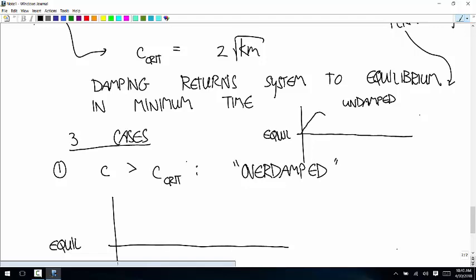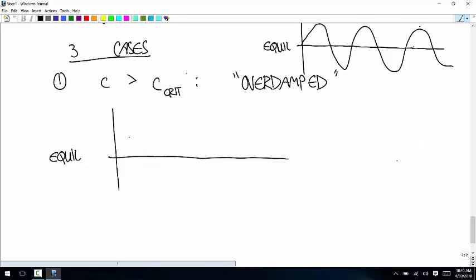An undamped system just keeps oscillating with a sinusoidal pattern. An overdamped system does this, but the damping is large, and so you can see the oscillation disappears fast, but it's going to take a long time to return back to its equilibrium position.